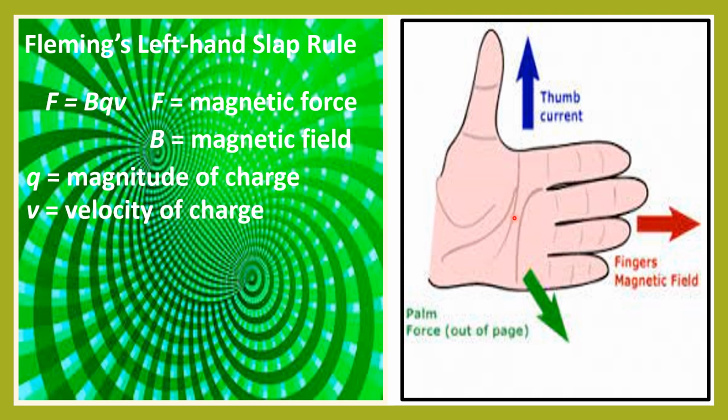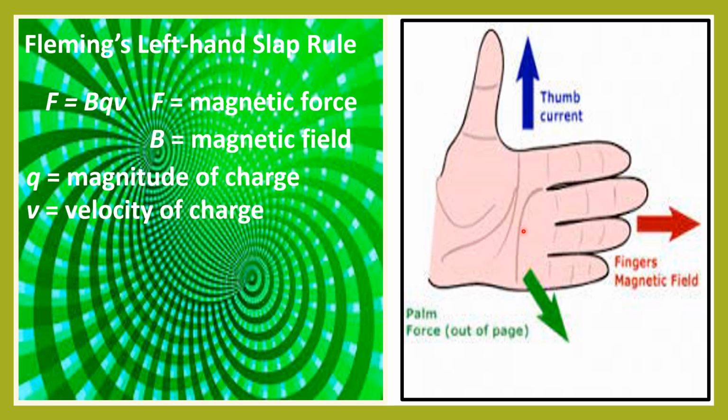It is called a left-hand slap rule because if you're going to use it to slap somebody, the direction of your action to slap is such that the palm is directed out of the page in this illustration, right?